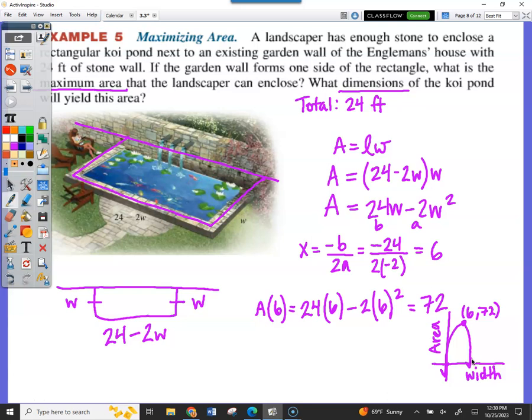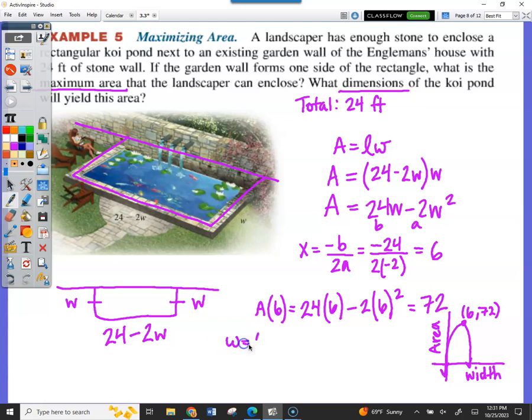If this is (6, 72), what does that actually mean in terms of the problem? We'll read the graph. What's the x coordinate? So what's the 6? The width is 6. When the width is 6, the area will result in 72 square feet, because area is where you're multiplying the two things together. So let's put it together.